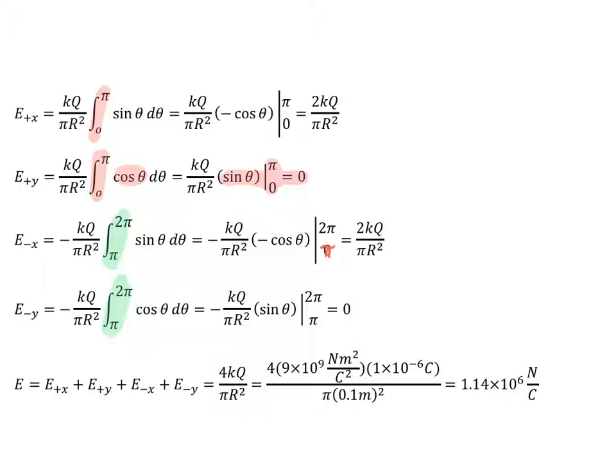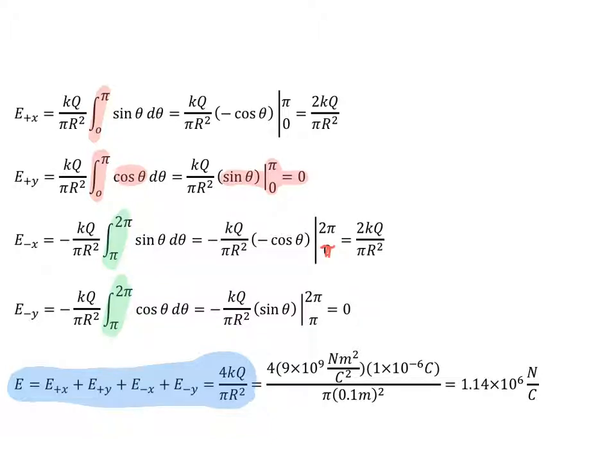So the sum of all of those parts ends up giving me the same thing I had before. Wasn't it 4kq per pi r squared when it was a semicircle? Surprise, surprise.